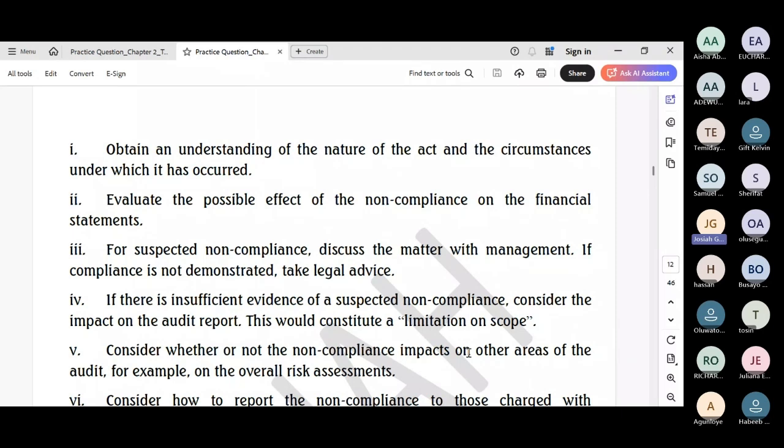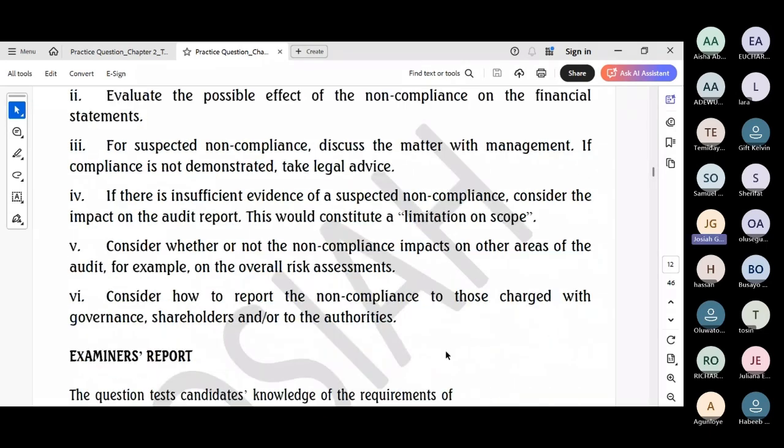So for each of the 4 procedural steps that was stated, state the action clearly and also provide an explanation. Don't forget the command, state and explain. So a brief explanation of the purpose and the implication would suffice. So take note of that.